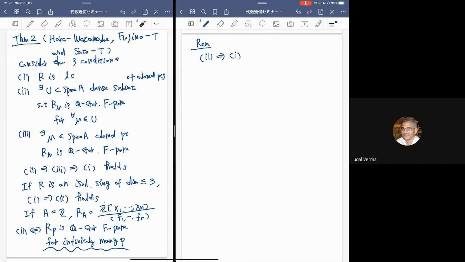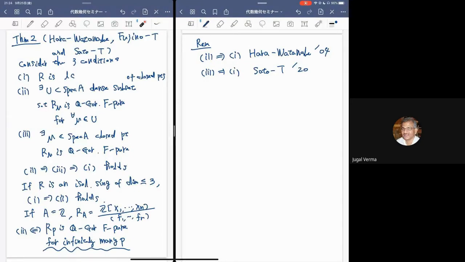This is due to Hara and Watanabe, 2004. And 3 implies 1 is our new part, due to Sato and myself, 2020.